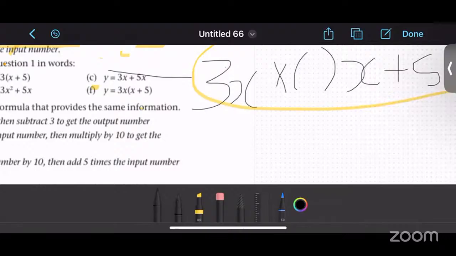Ma'am, you write 3x times the input into the bracket, then add the answer for output to the answer for 5.